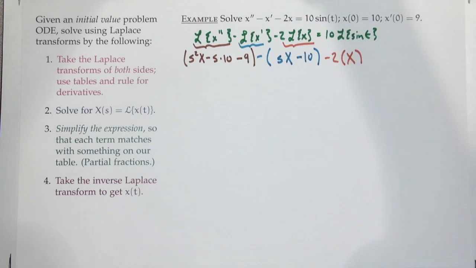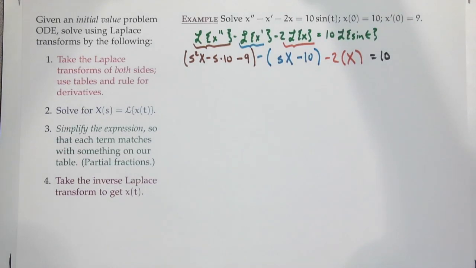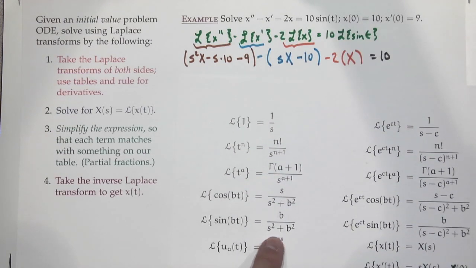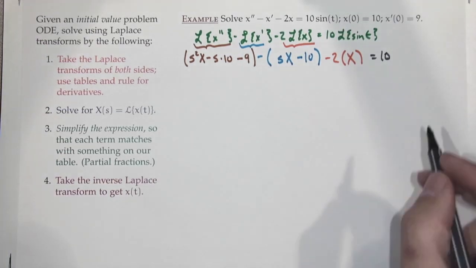Now all of that is going to be equal to, lo and behold, 10 times the Laplace transform of sine t. Well, no worries. Sine t made our list. So sine t is going to be 1 over s squared plus 1.